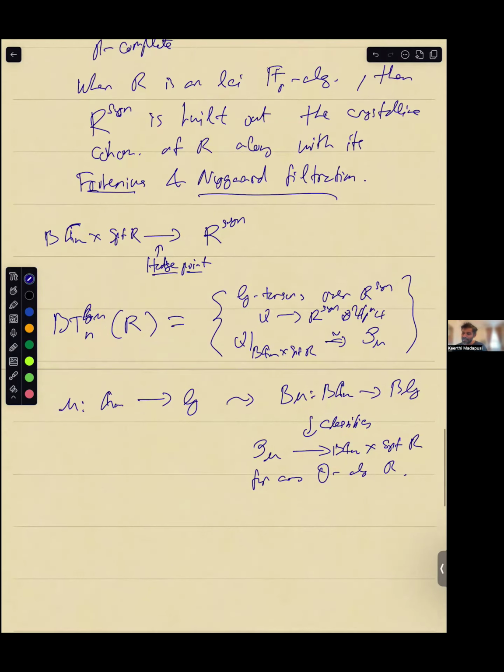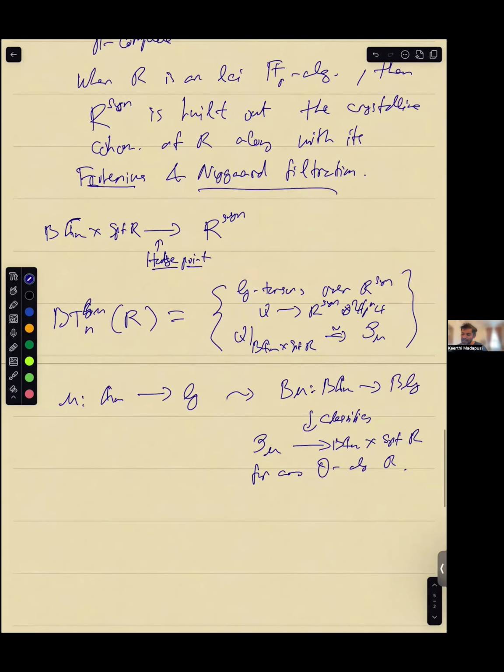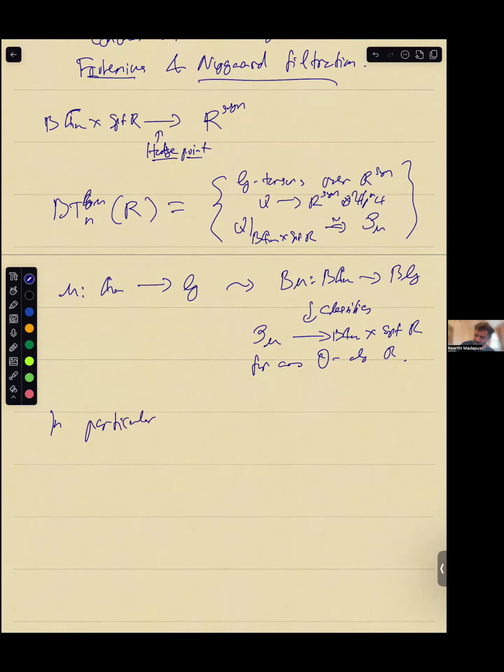In particular, this equivalence is now telling you that p-divisible groups are a fully faithful subcategory of GL_h-torsors on the syntomification. When you take the limit over n, you just get torsors over the syntomification.